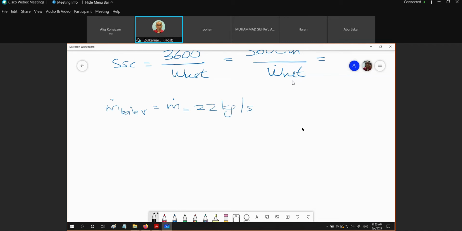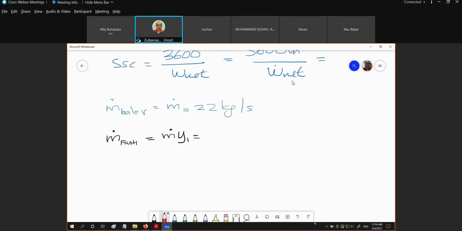The next one, we want to know how much is the flow rate being bled or extracted to the first feed water heater. This is equal to m dot multiplied by y1. Then we have our flow rate to the first feed water heater.